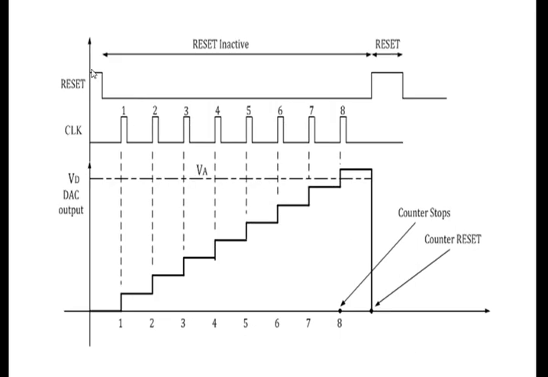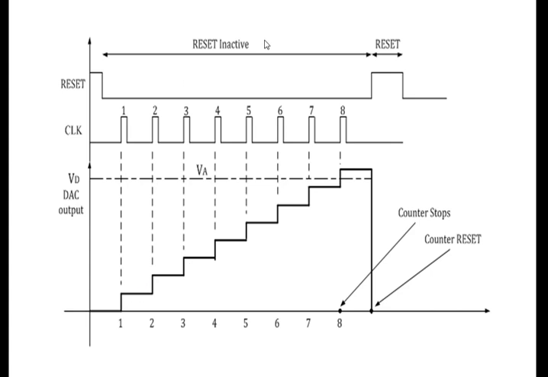Here, whenever the reset signal is high, in the sense the counter is 0, so the analog output voltage is 0. Whenever the reset signal is low and we are applying the clock pulses also, as already studied in the weighted resistor type DAC and R2R ladder type DAC, the output of the DAC is a staircase waveform.